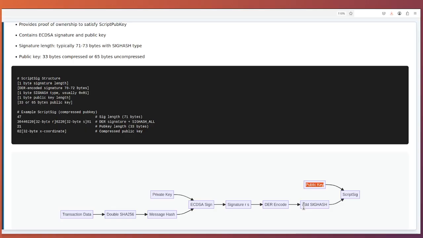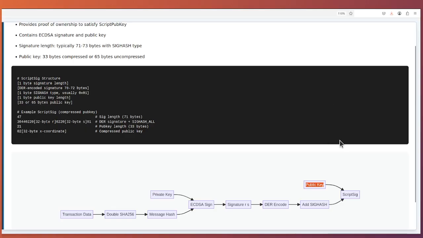The public key is prefixed with either 0x04 for uncompressed keys, or 0x02 or 0x03 for compressed keys. This prefix indicates the format and, for compressed keys, the parity of the y coordinate. The complete ScriptSig is serialized by first pushing the signature length, then the signature bytes, then pushing the public key length, then the public key bytes.